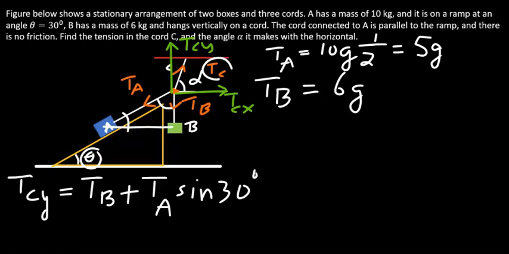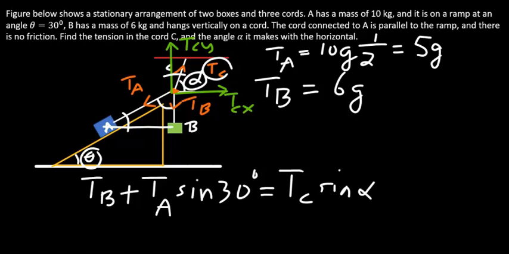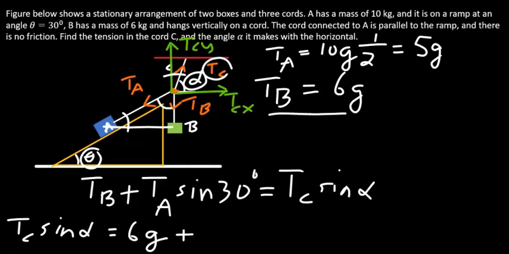In terms of TC, TCY is TC sine of that angle, sine alpha. So let's put everything together. TC sine alpha equals TB, which is 6g from here, plus TA, TA is 5g, times sine 30 degrees. Sine 30 degrees is half. So there you go, you have equation 1.